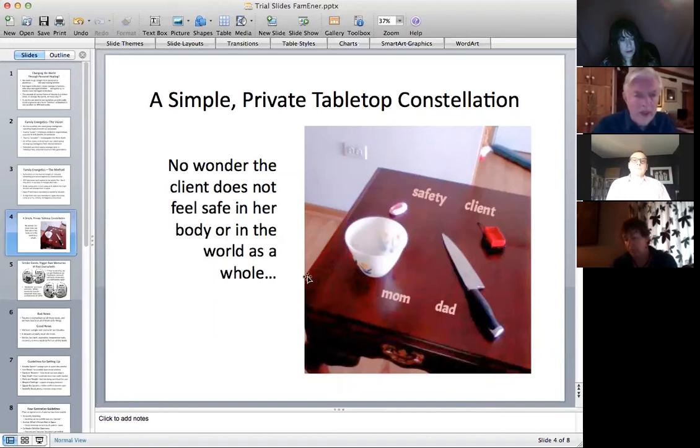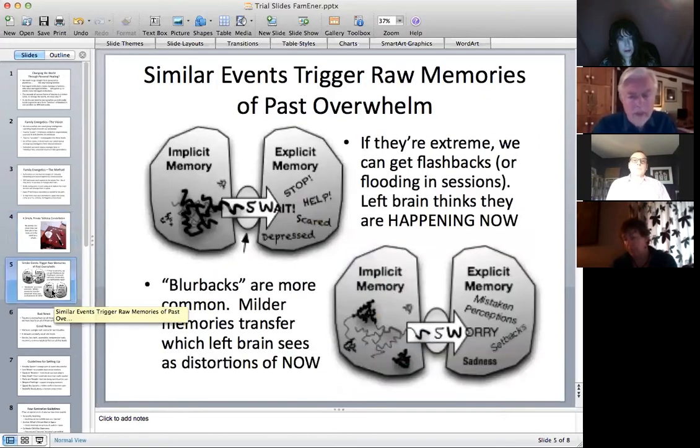Then we go to chapter 5, which is basically about, what is healthy healthcare? What kind of facilitators should you look for or try to be in group constellations? And then we get seriously into trauma. Dan Siegel in Mindsight has this very, very lucid description of some of the neurology of trauma.